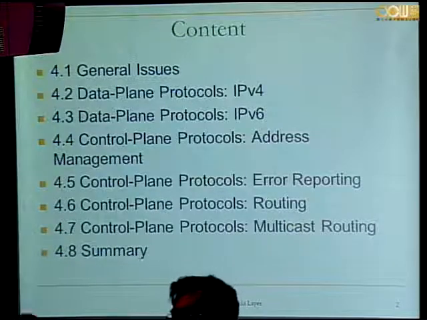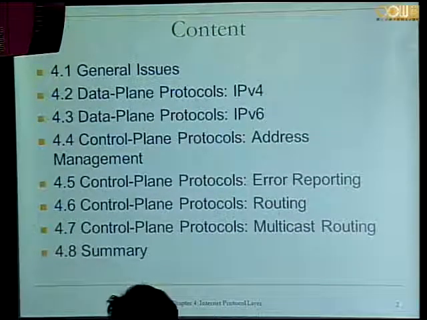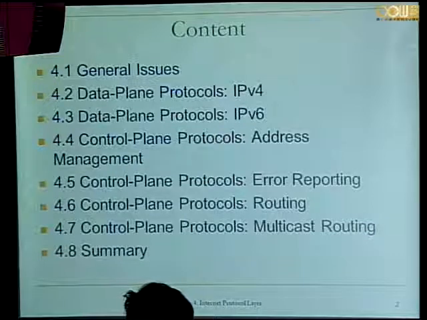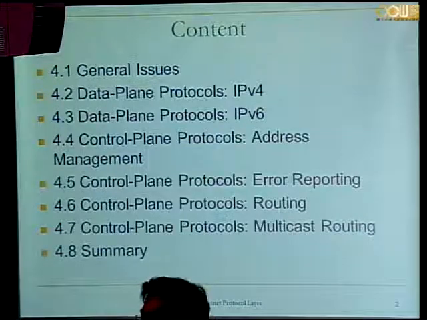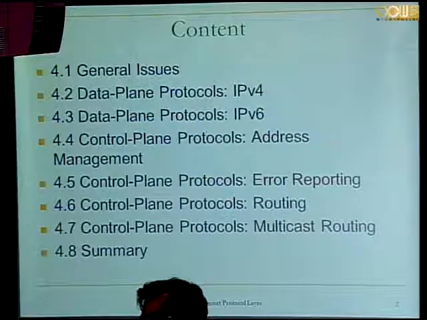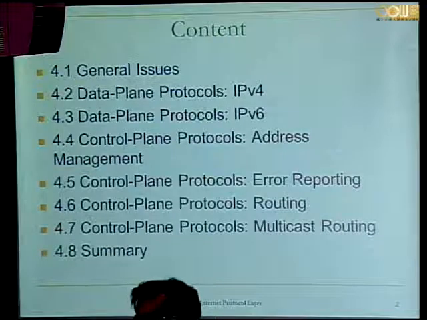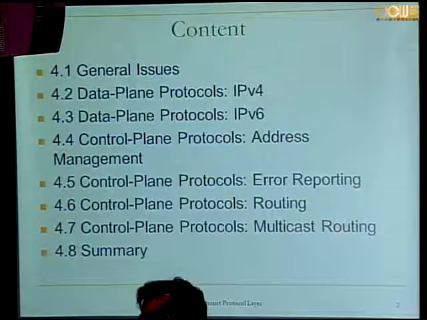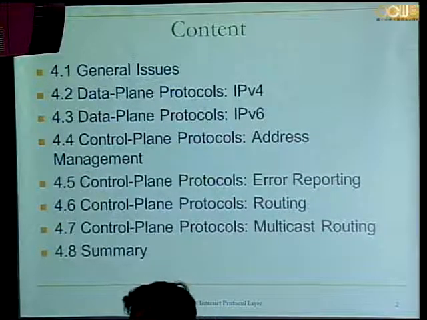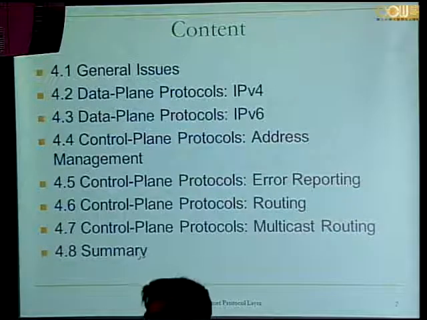But the data plane operation is in section 4.2. So when you forward a packet, you actually do the table lookup to do longest prefix matching, which we will see pretty soon.